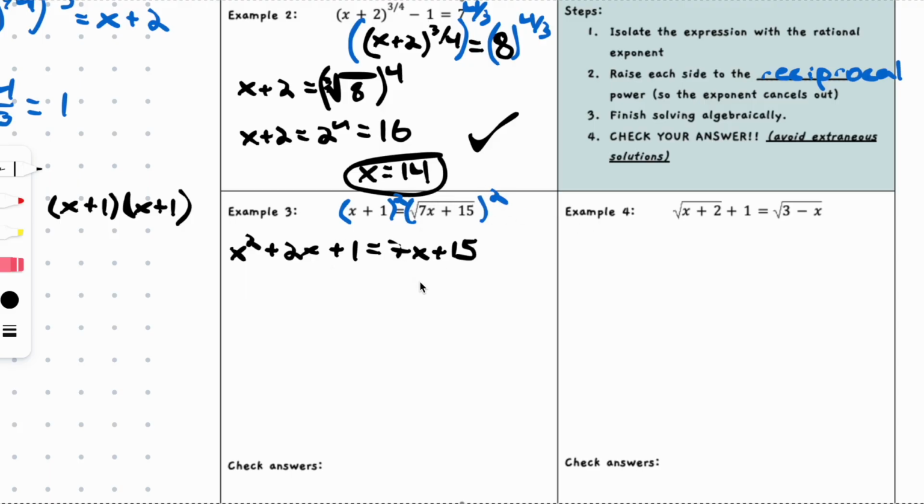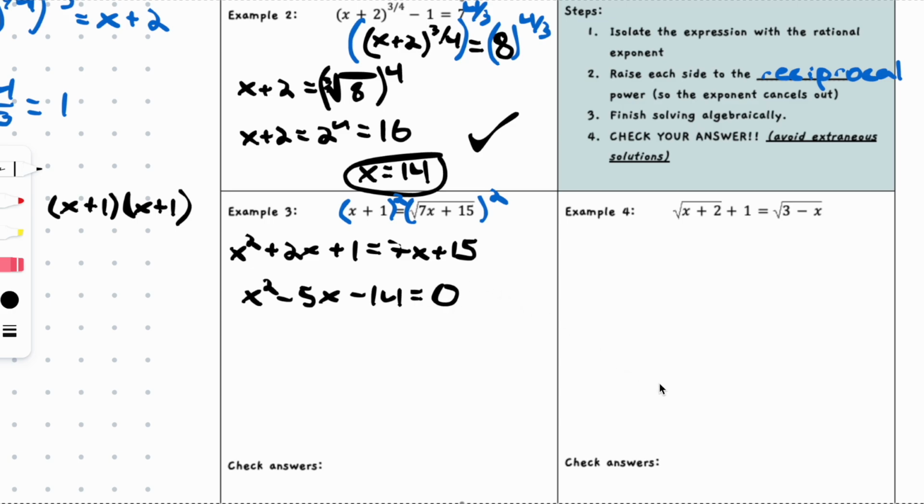Now at this point, we want to move everything to one side. So we get x squared minus 5x, because we're doing 2x minus 7x. And we have 1 minus 15, so minus 14, and that will equal 0.